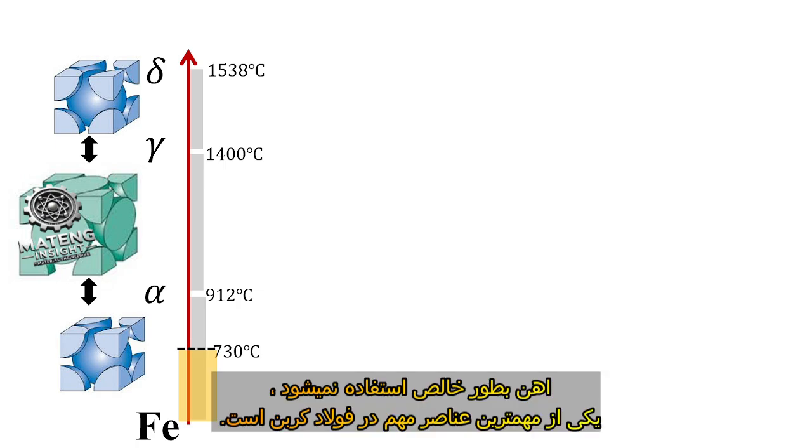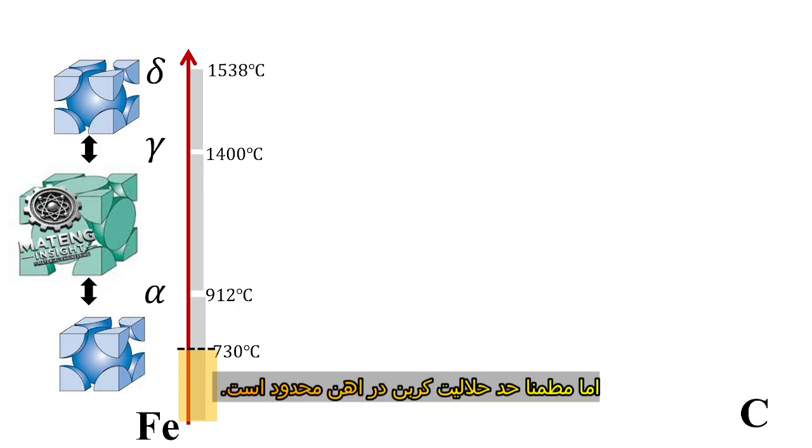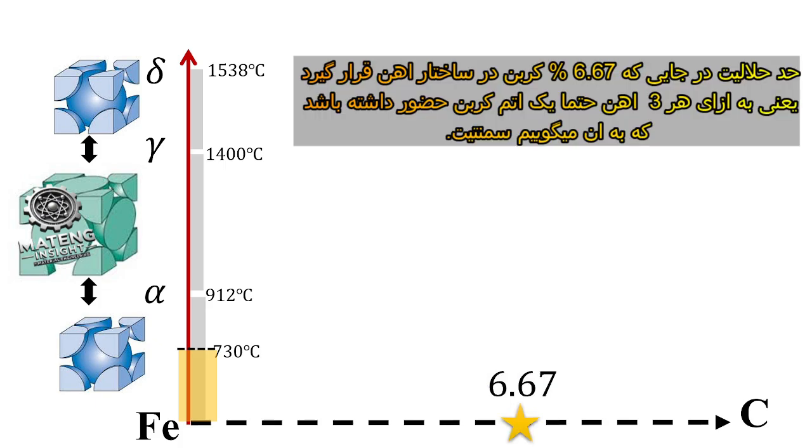Ferrous is used in alloy form, and carbon is one of the most important elements in its composition. However, the solubility limit of carbon in ferrous is limited and is a maximum of 6.67%, which is 1 carbon atom for every 3 ferrous atoms, and we call it cementite.